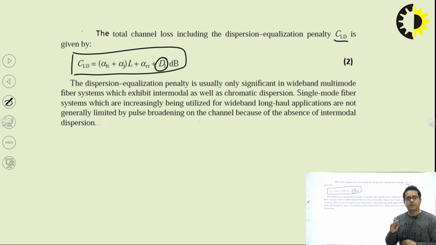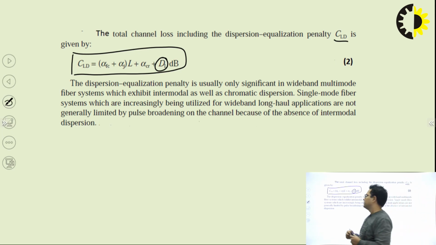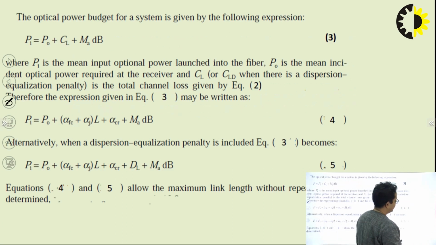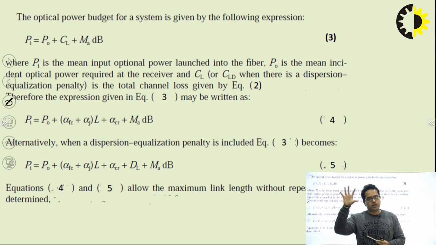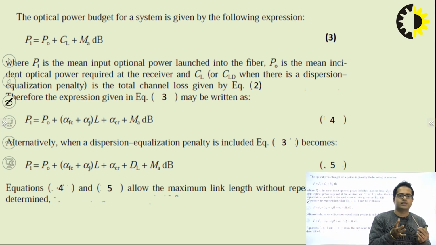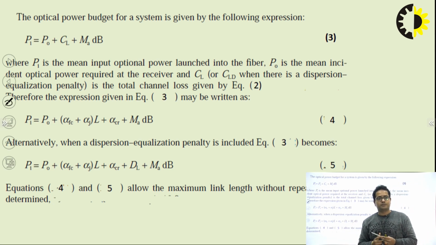So you have to keep in mind that you put this expression of DL only when it is provided in the question, otherwise don't put it. After this we have to calculate the final power penalty formula, so that we can directly use it to calculate the overall total losses happening inside the system, the receiver system.